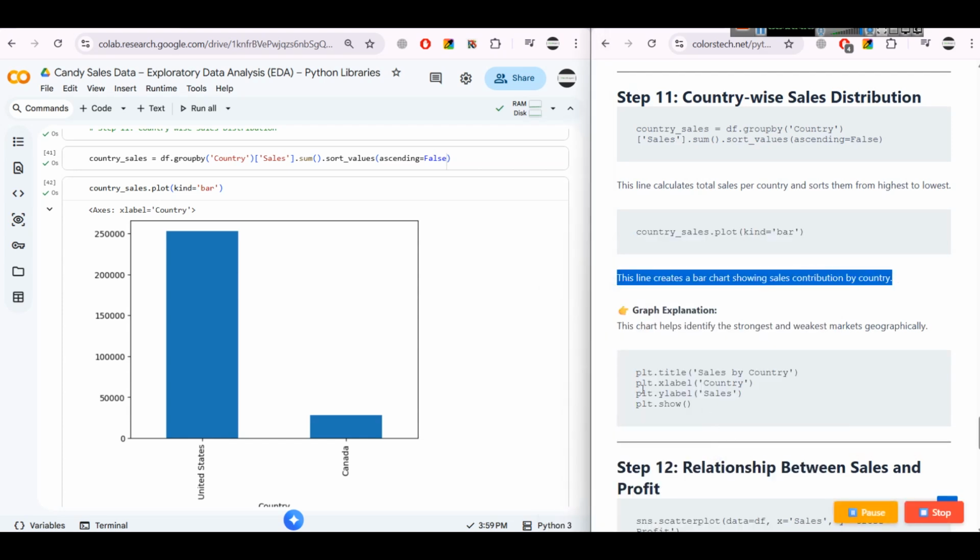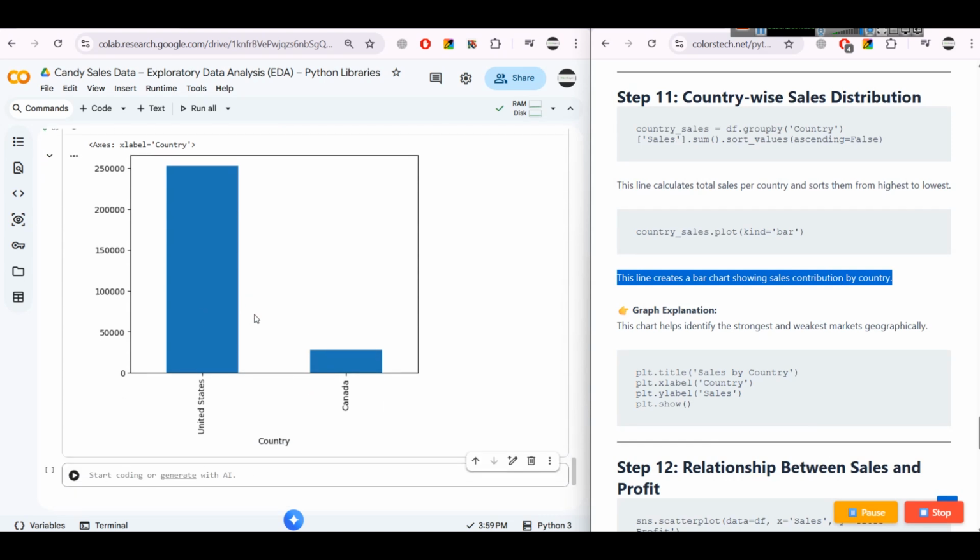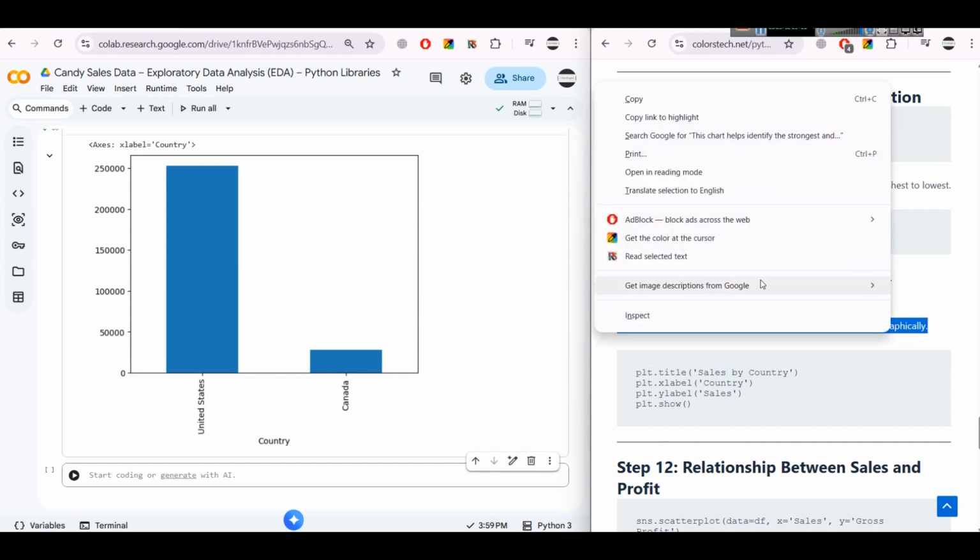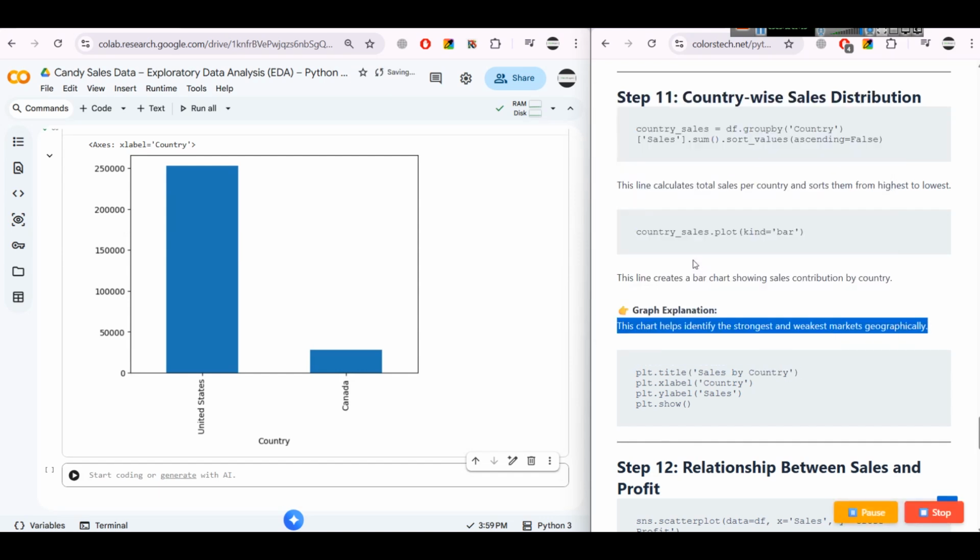This line creates a bar chart showing sales contribution by country. This chart helps identify the strongest and weakest markets geographically.